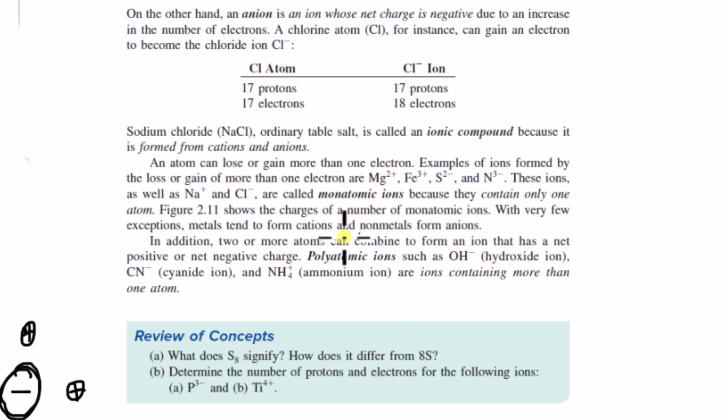Okay, with very few exceptions, metals tend to form cations and nonmetals form anions. The main chemical characteristic of metallic atoms is that they're more what we call electropositive.